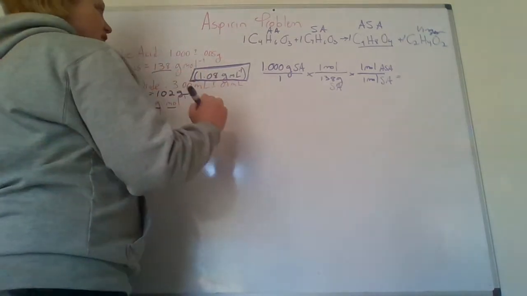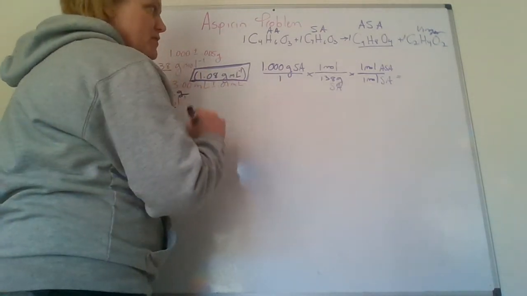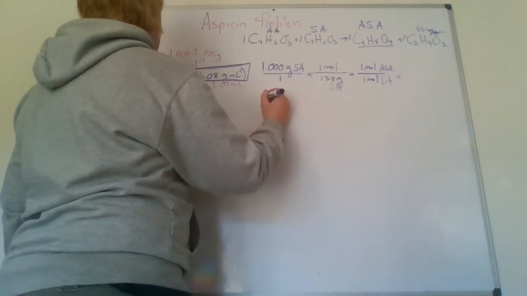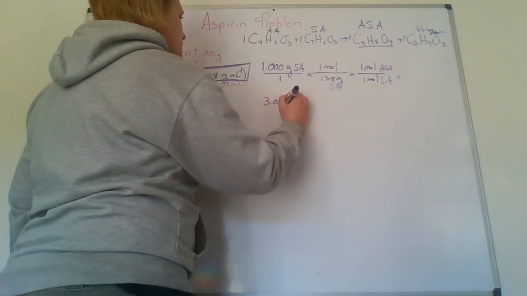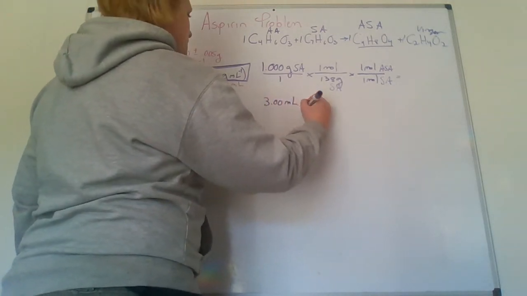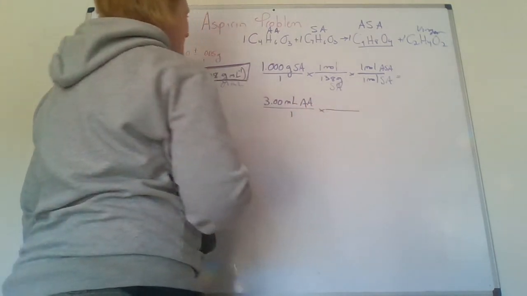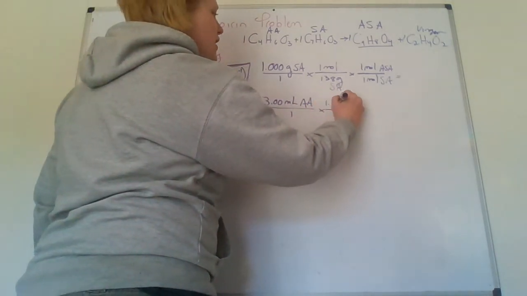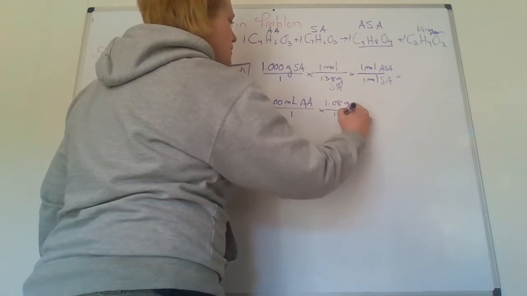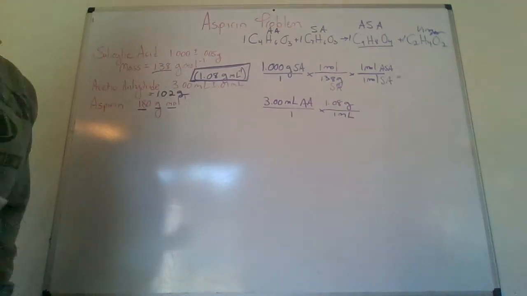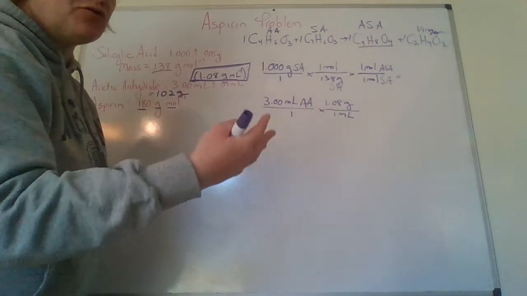Here's my setup for my acetic anhydride, and here's where the mistakes all came. I've got 3.00 milliliters of acetic anhydride over 1, and 1.08 grams of it is going to be 1 milliliter. That's how I go to grams first. So it has an extra conversion in there.